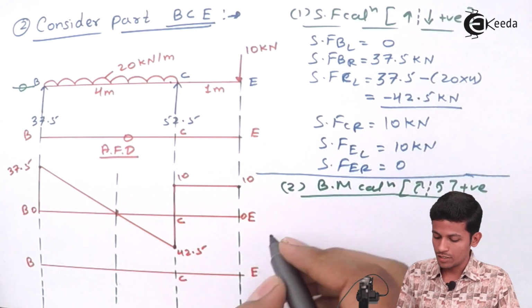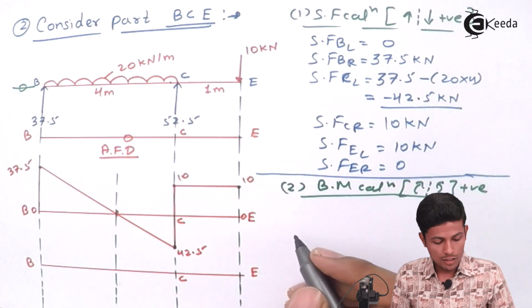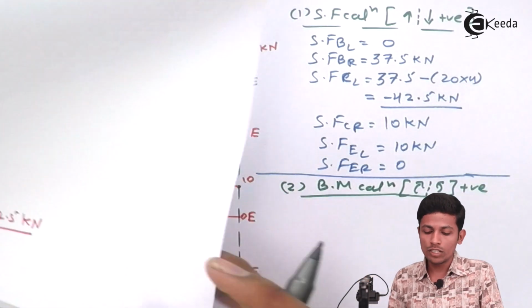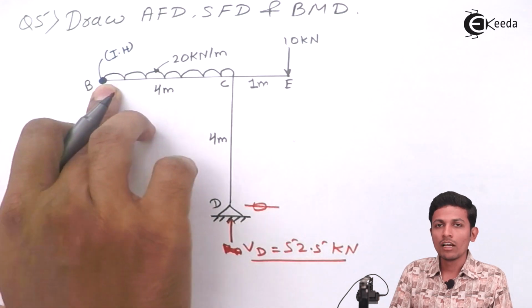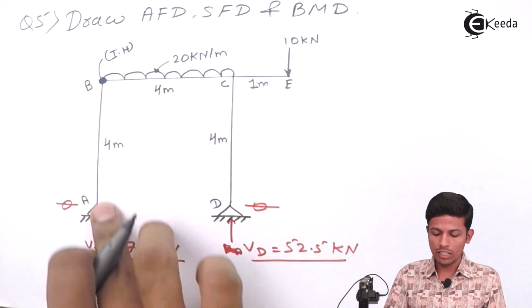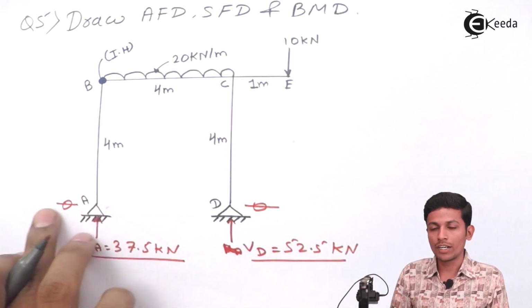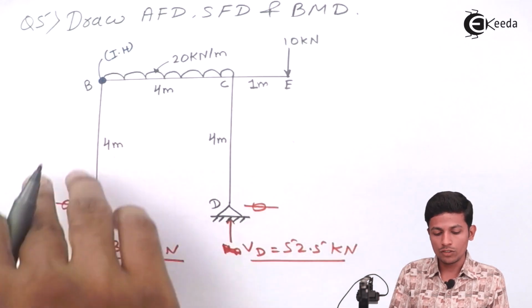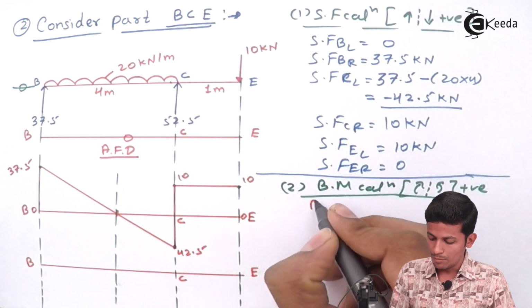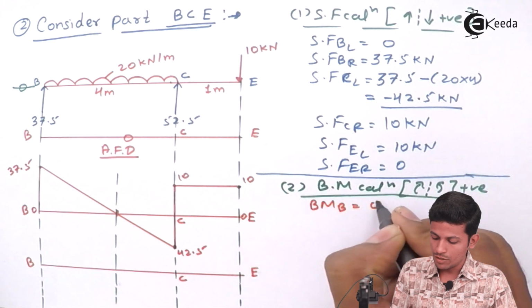So there will be no mistakes. Now see, bending moment at B. For bending moment, always see the original diagram. I have already found that this will be 0 because there is no horizontal load over here. Directly you have to write bending moment at B will be 0.